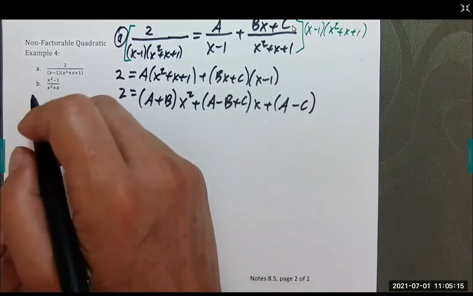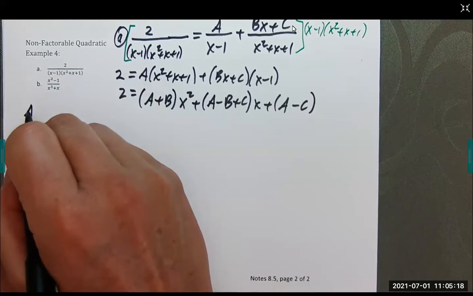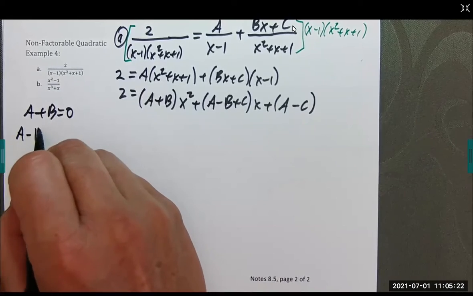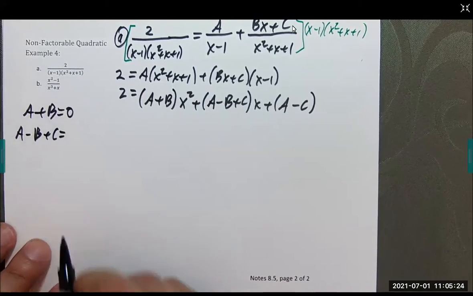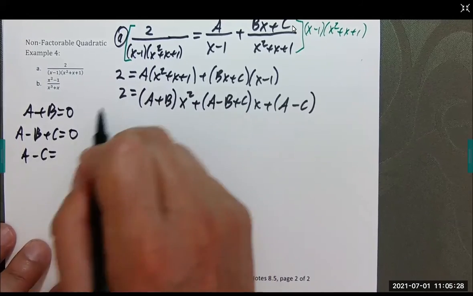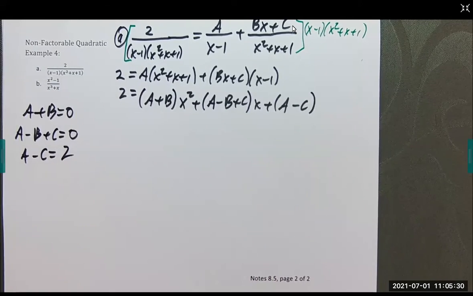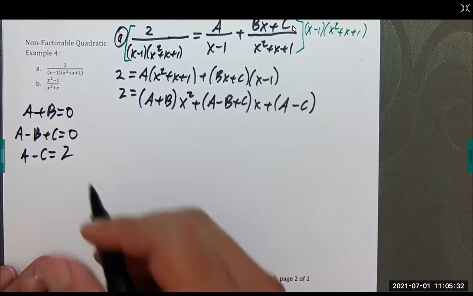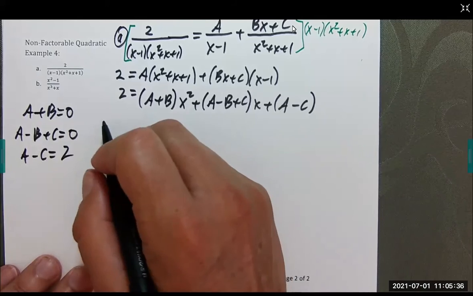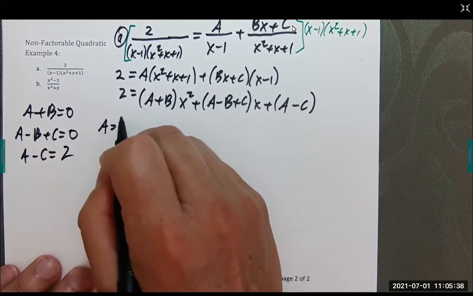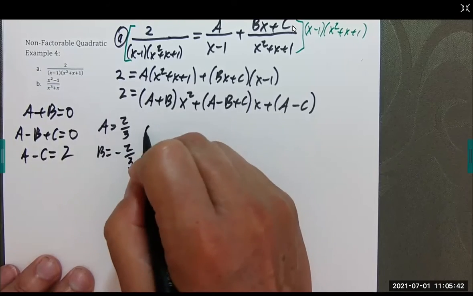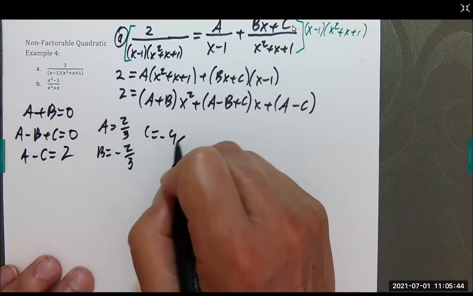Which means a plus b equals 0. a minus b plus c equals 0. And a minus c equals 2. And solving the system, again, you can take some time to solve this, we end up with a is 2/3, b is -2/3, and c is -4/3.